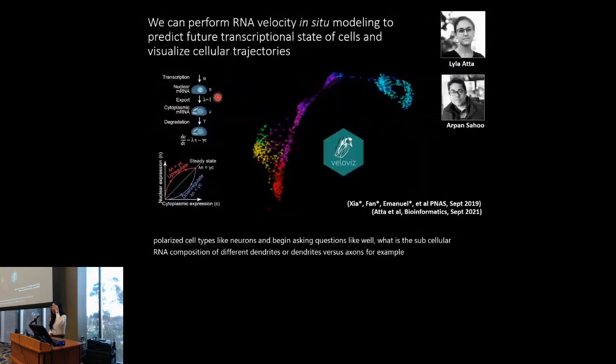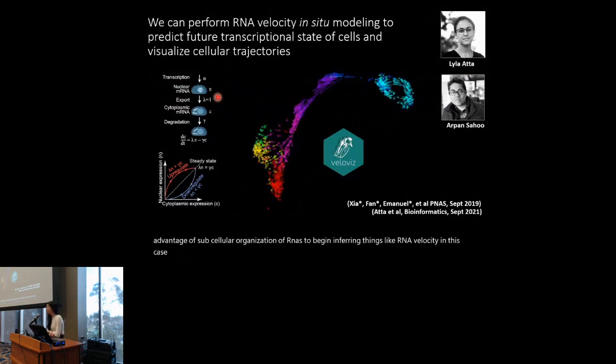We can also take advantage of subcellular organization of RNAs to begin inferring things like RNA velocity, in this case by distinguishing between nuclear versus cytoplasmic RNAs under the assumption that genes are born in the nucleus and will get exported into the cytoplasm where they can be translated into proteins.